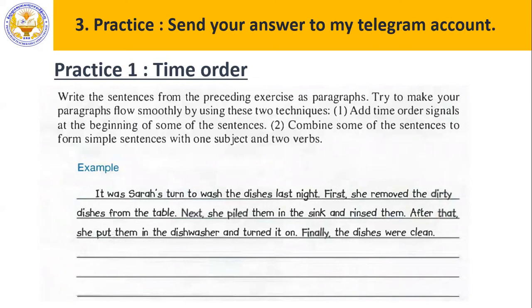Write the sentences from the preceding exercise as a paragraph. Try to make your paragraph flow smoothly by using these two techniques. 1. Add time order signals at the beginning of some of the sentences. 2. Combine some sentences to form simple sentences with one subject and two verbs. So write a paragraph from the first exercise.